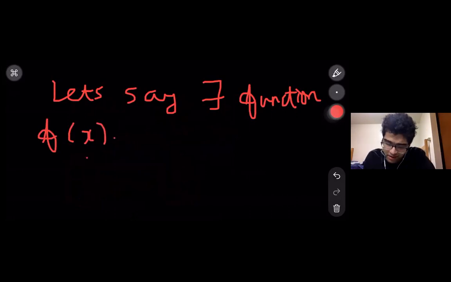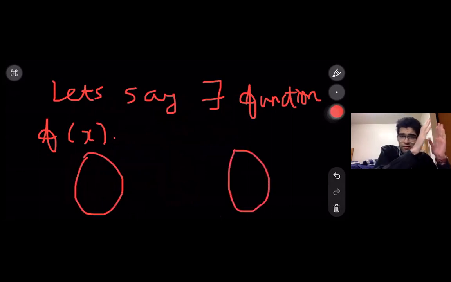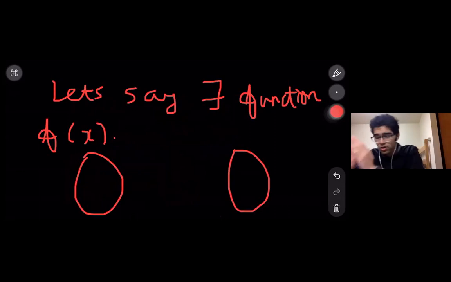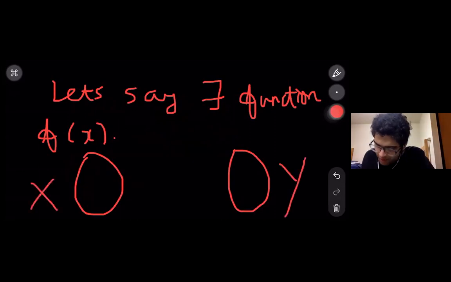We have this set over here and we have this set over here, and this function is defined from the domain to the codomain. And let's say this domain is x and the codomain is y. I'm calling the domain x. It could be anything. There might be 100 elements in my domain, there might be 20 elements, I don't know how many there are. So now we are getting into a little bit of abstract thought. We don't have a concrete example. We are trying to imagine that there is this function from x to y.